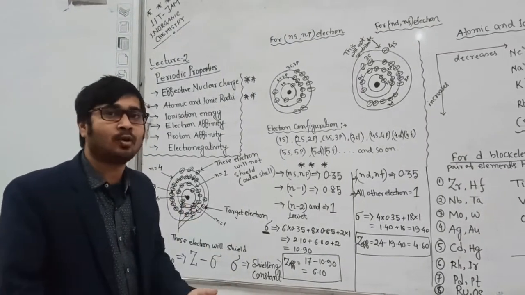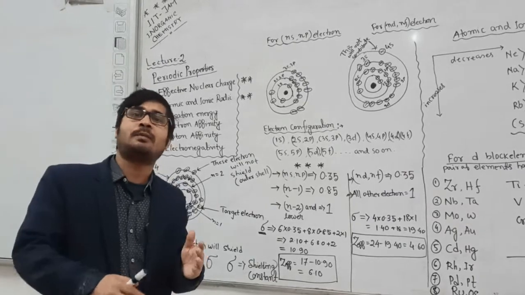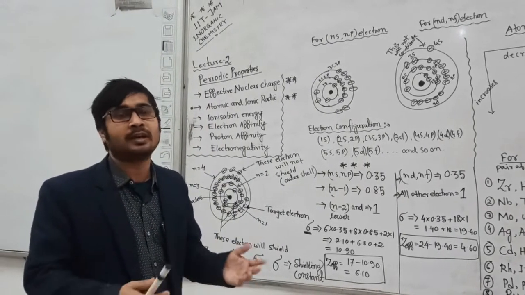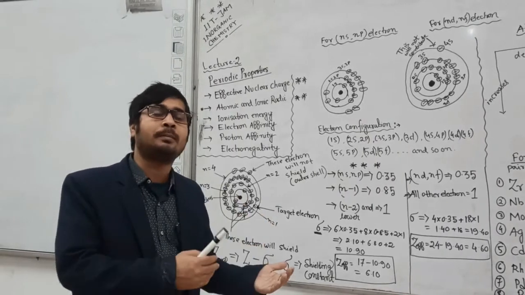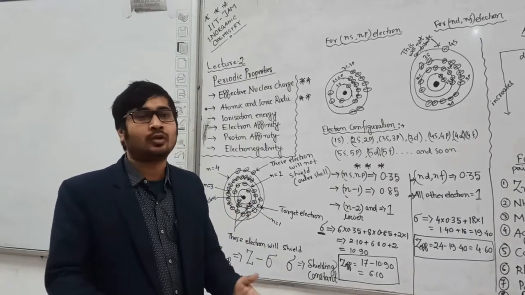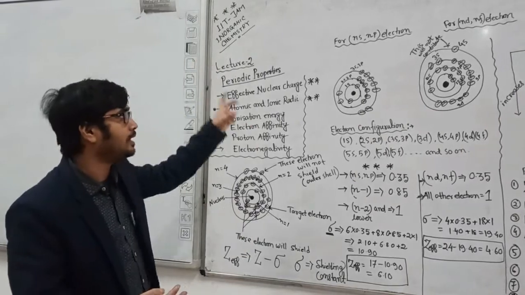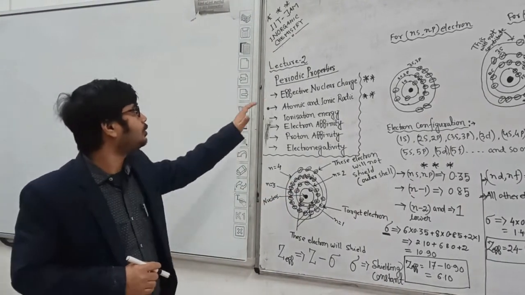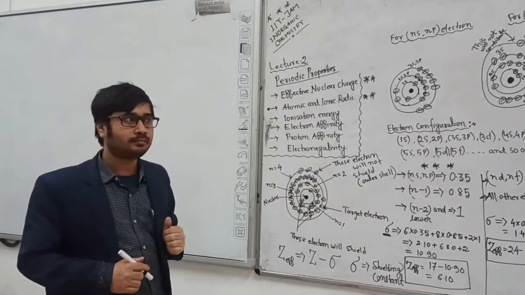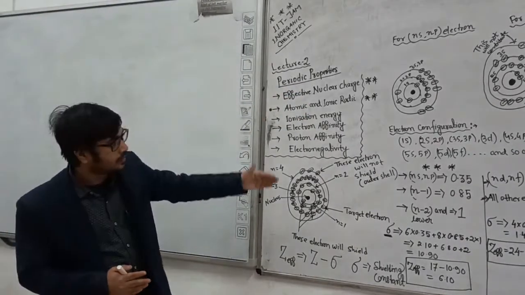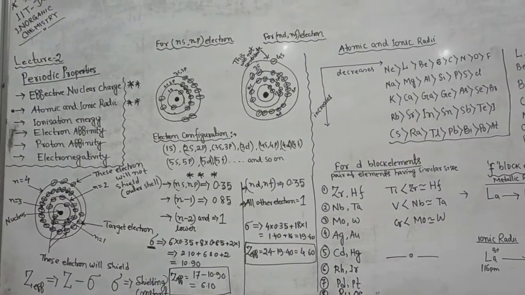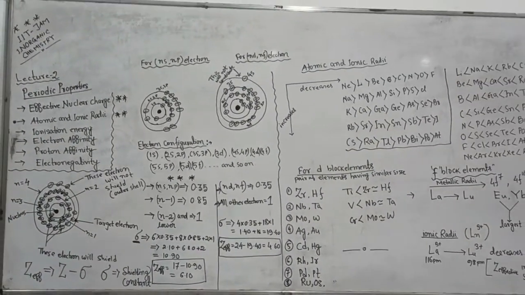For your IIT JAM or CSIR NET, sometimes the atomic number is given, or else you can easily remember the atomic numbers and calculate Z effective and sigma, and accordingly you can predict many properties. So your life becomes easier if you understand the effective nuclear charge. This is the first topic that you need to study. Now you can take a screenshot for later view.